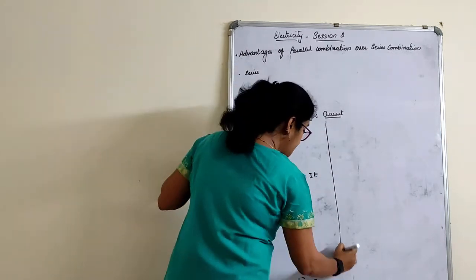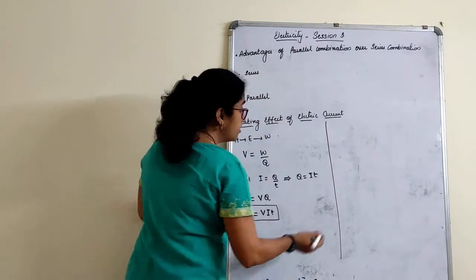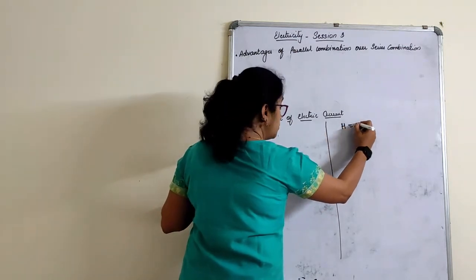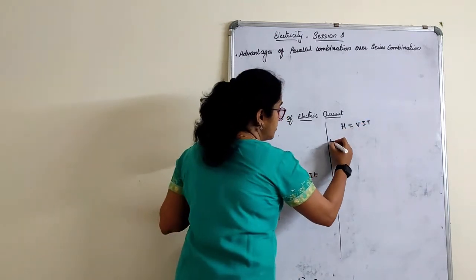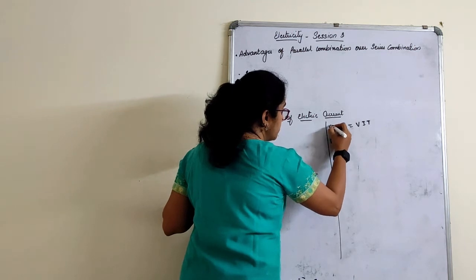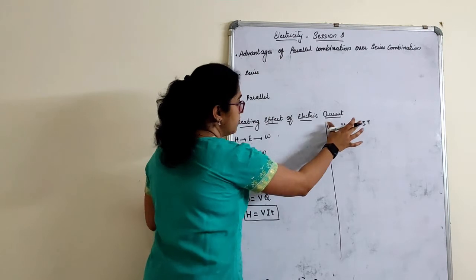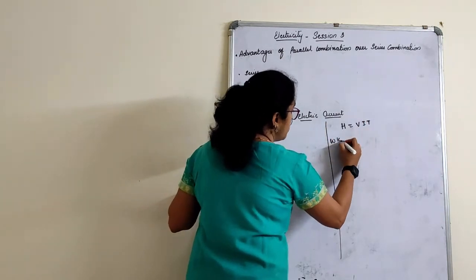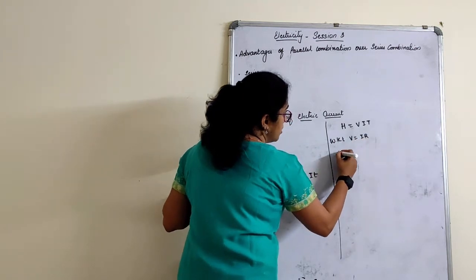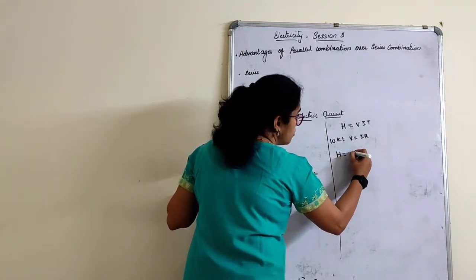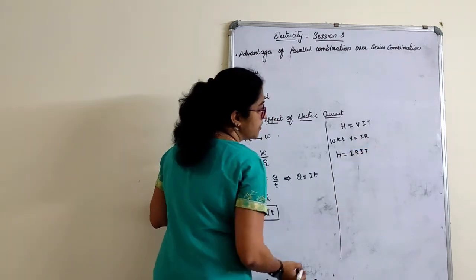Let's see a few more. Again I will write the same thing. This is the first one, children. H is equal to V I T. We know that V is equal to I R. So H is equal to I R and I T, right?